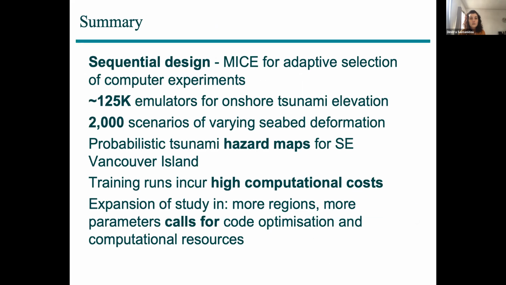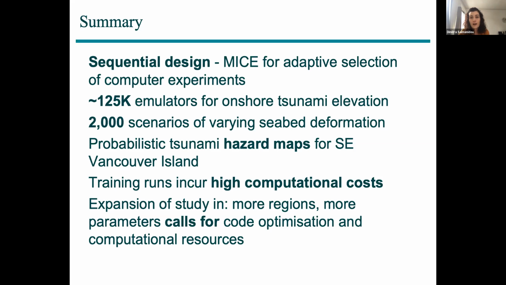So to summarize, we used the sequential design algorithm for the adaptive selection of the computer experiments, and we built 125,000 emulators to study onshore tsunami elevation. We checked results from 2,000 scenarios of varying seabed deformation to produce probabilistic tsunami hazard maps for Southeast Vancouver Island.